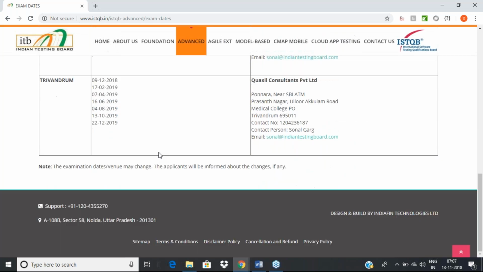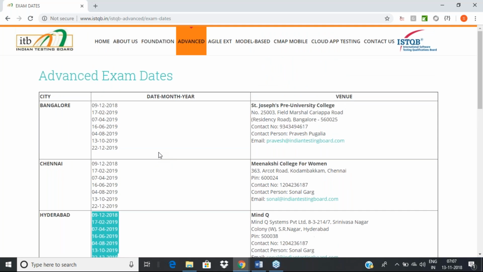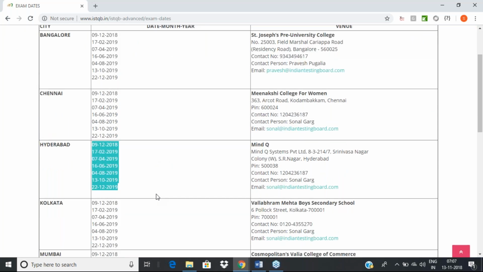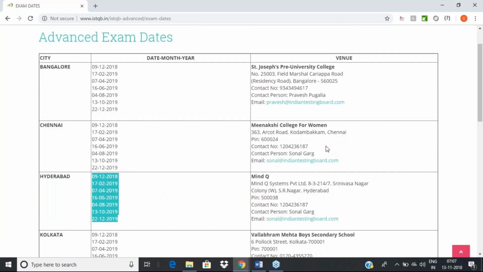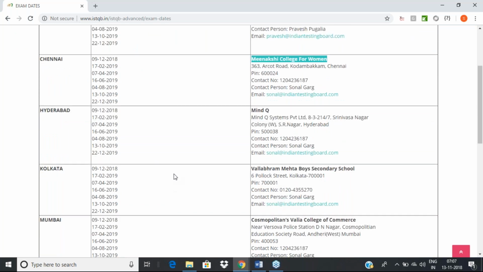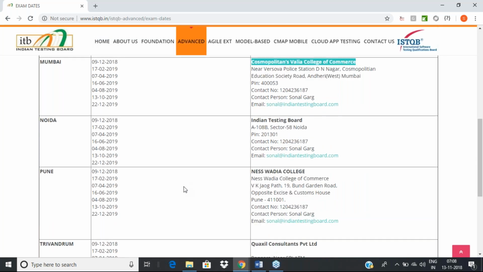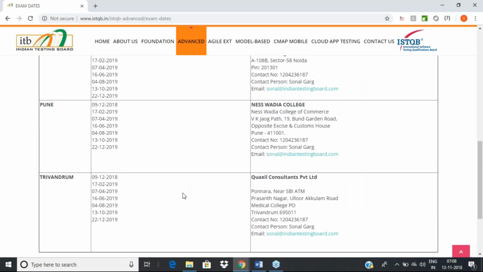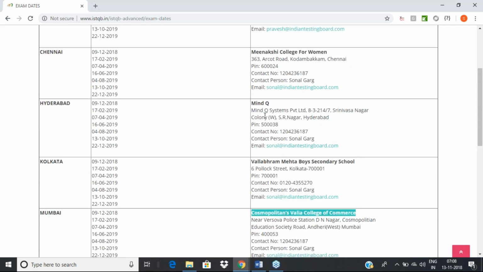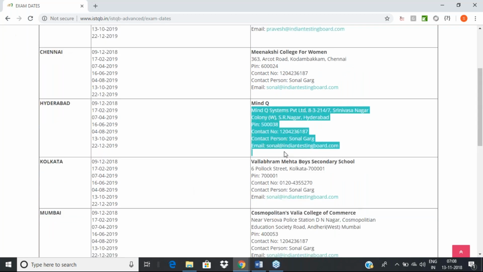But there are a lot of other corporates also, they will conduct it themselves. If you're in Chennai, here is the center, based on the location that you are in. Mumbai, here is the location. Okay. So you have to go to this Prometric center and appear for it.